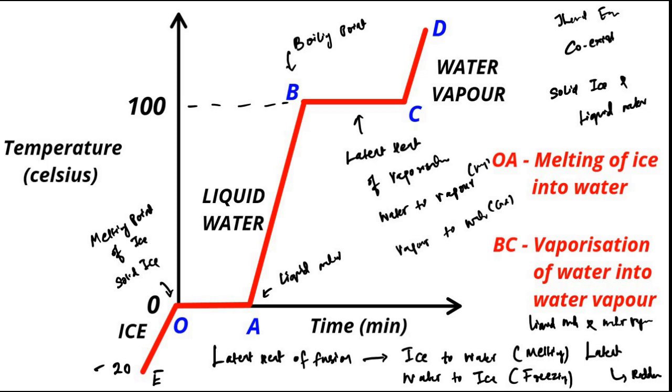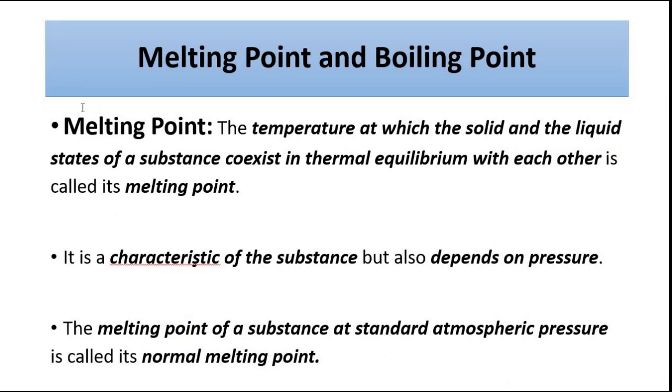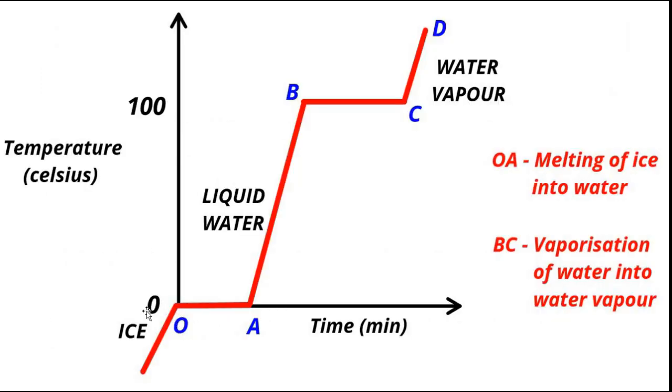Now the important points in the curve. The melting point is the temperature at which the solid and liquid states of a substance coexist in thermal equilibrium with each other. That is this point OA, which is denoted by temperature 0 degrees Celsius. That is the melting point, because here solid ice and liquid water both exist in thermal equilibrium and coexist together.